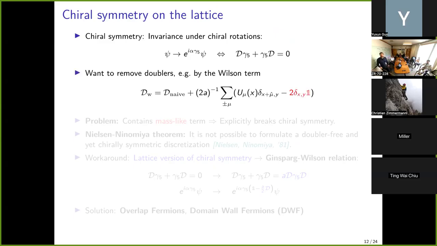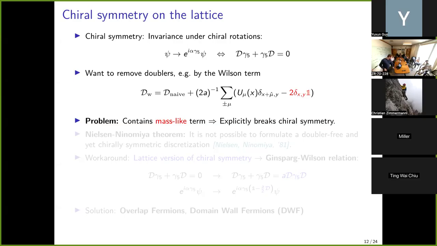But this is not true once we try to get rid of the doublers. For instance, by adding this Wilson term, because it has this term here, which is a mass-like term. It makes the doublers heavy and decouples them from the theory. But it also breaks chiral symmetry explicitly.